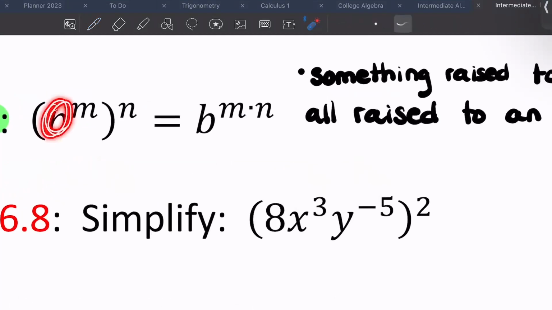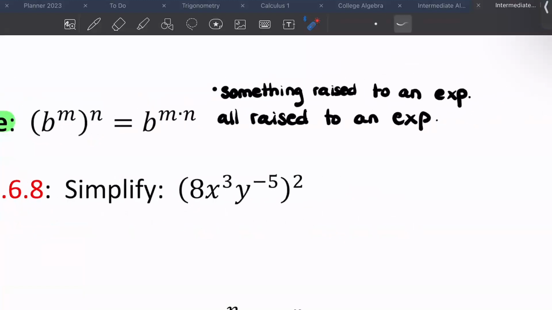Something raised to an exponent, all raised to an exponent. When that happens, we multiply our exponents. You will always have something on the outside with these. You're going to have parentheses, and you're going to have a power on the very outside. That's what that means.